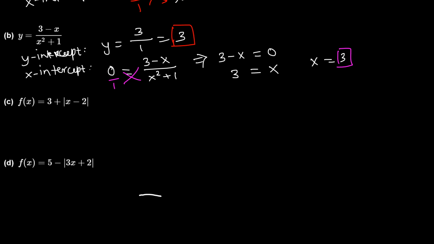Now here in part C, let's find the y-intercept. We know that this function is the same as y. So to find the y-intercept, we plug in x equals 0.